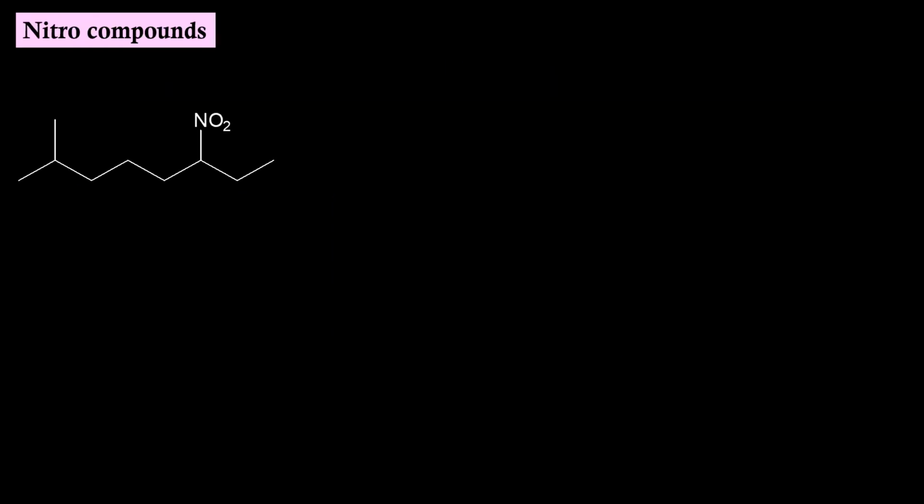Same is the case even with nitro. We should start numbering from this end. 1, 2, 3, 4, 5, 6, 7, 8. This is called methyl and this is called nitro.